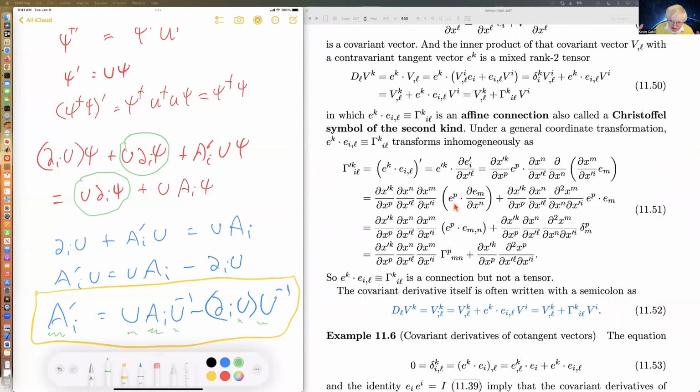So the covariant derivative transforms like a tensor, but the thing that you add, the connection, isn't a tensor, because it transforms inhomogeneously. And the reason it transforms inhomogeneously is it has to cancel out the inhomogeneous term that occurs when this derivative here hits the U of X. And so that was this term.